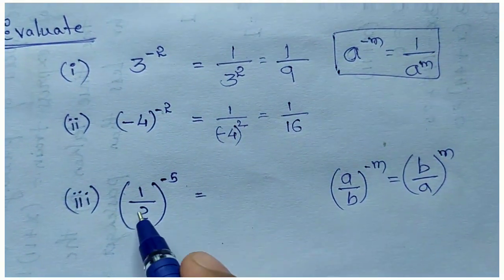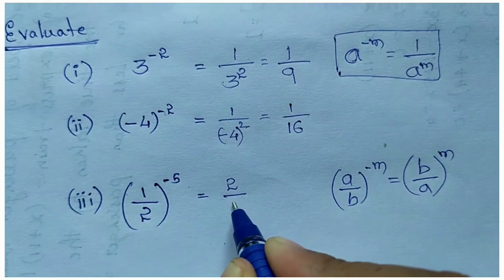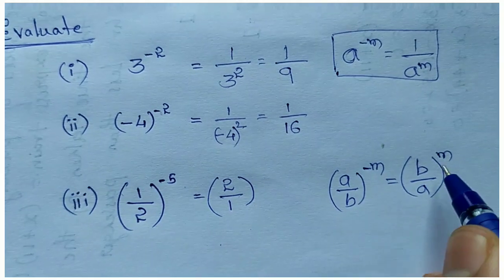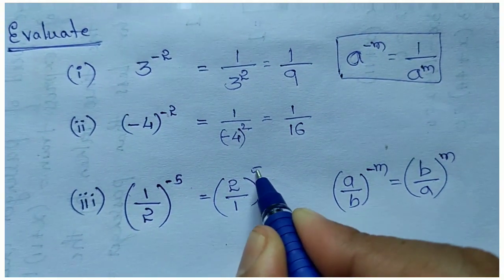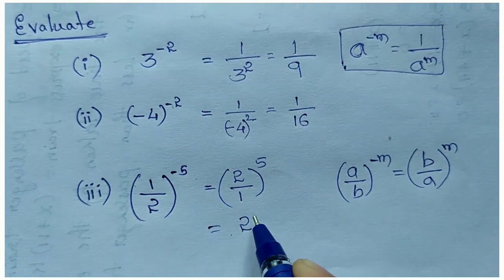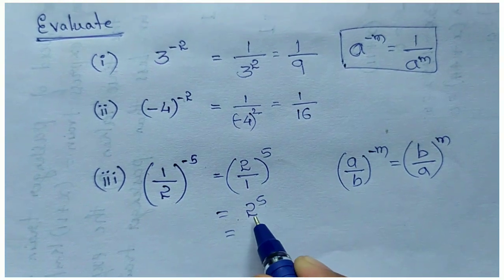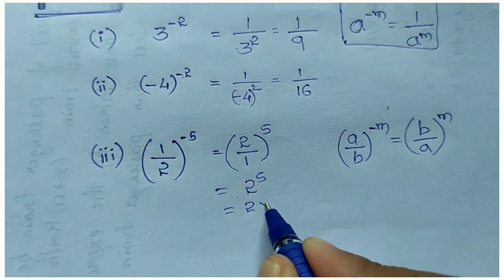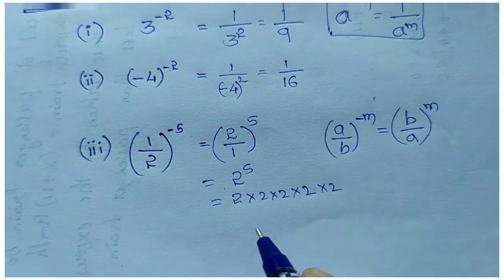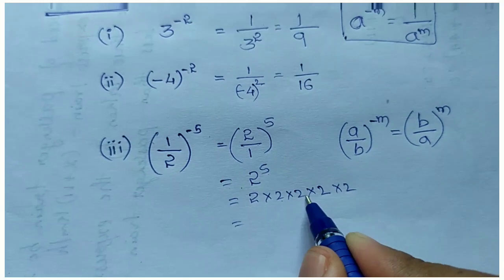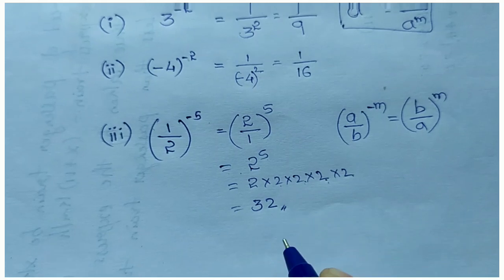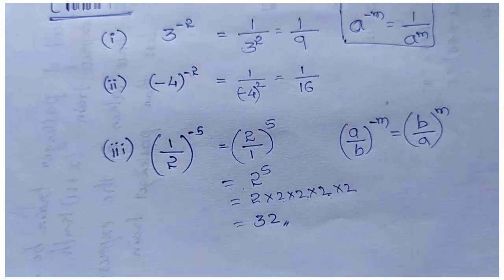Okay, so making the reciprocal of 1 by 2 as 2 by 1, power minus m becomes plus m, that is 5. Okay, so 2 by 1 is 2, 2 to the power 5, 2 into 2 into 2 into 2, okay, totally 5 times. So 2 to the 4, 4 to the 8, 8 to the 16, 16 to the 32. So our answer will be 32.